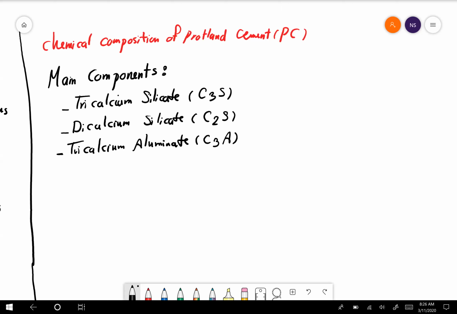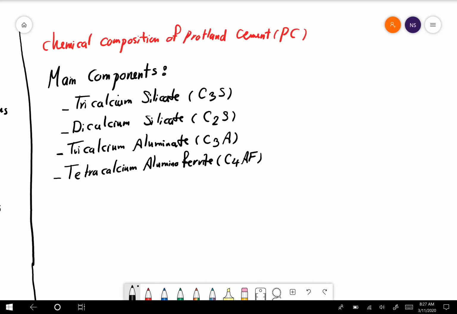And then we have tetracalcium aluminoferrate, C4AF, a combination of aluminum and calcium. Okay, so these are the major components.